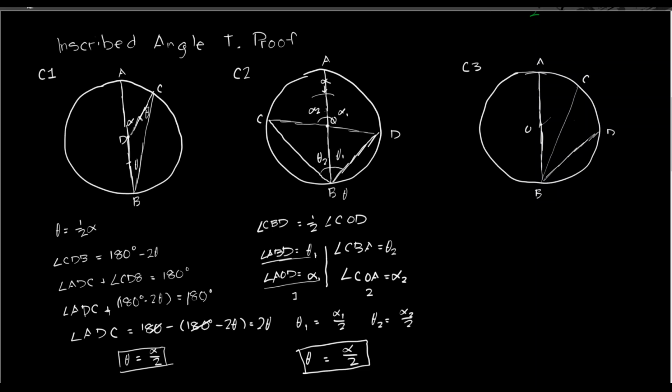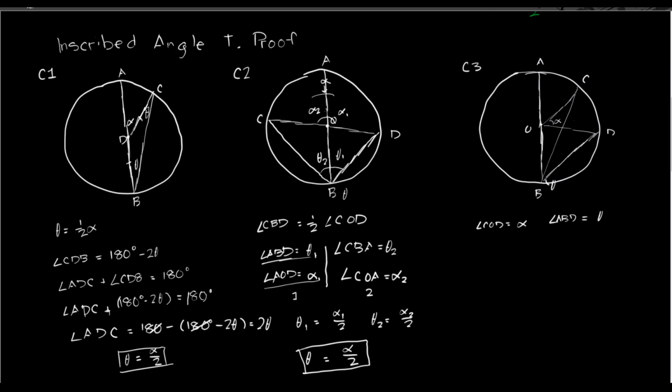Connect our central angle, which will be angle COD, and let's call this angle alpha. So angle COD equals alpha, and angle ABD is equal to theta.